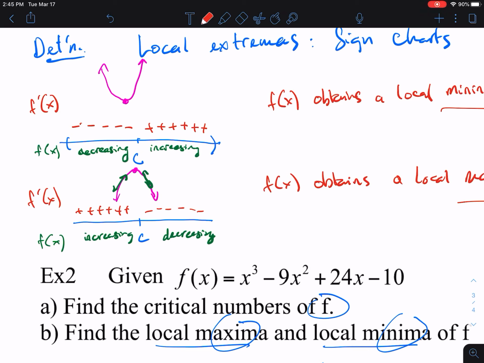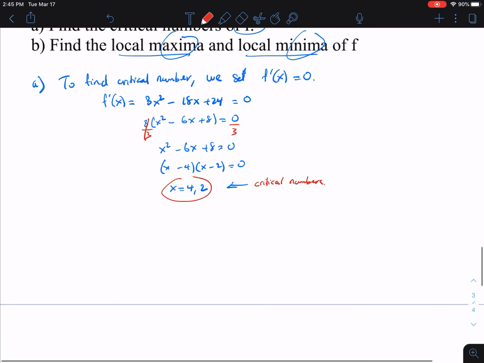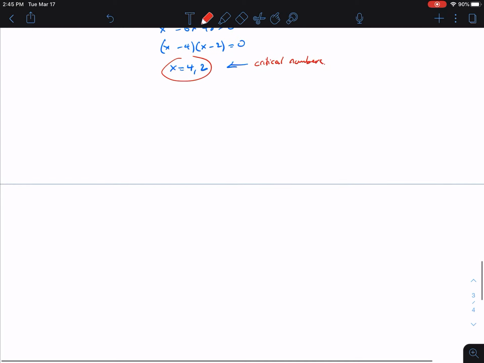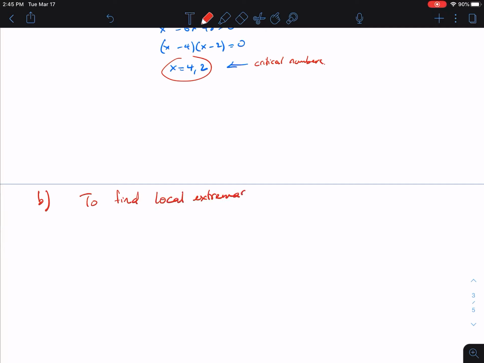To answer this question, we are going to draw a sign chart. We're going to label this the first derivative test, or the first derivative sign chart. To find local extrema, we use the first derivative sign chart.